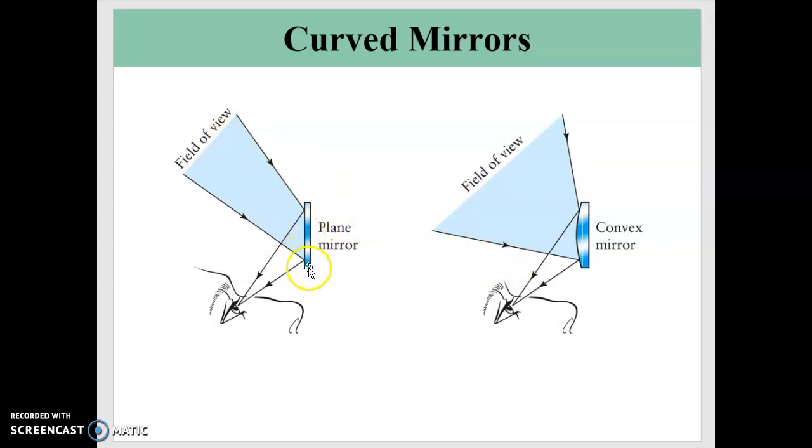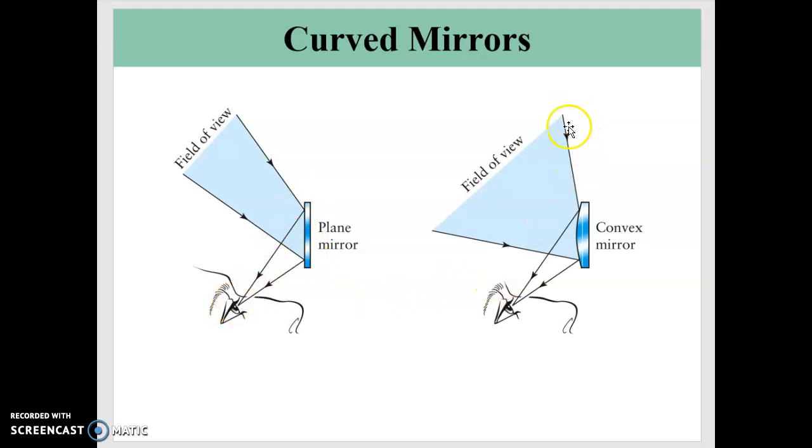So if I were to have a flat mirror, my field of view is going to be much more restricted based on the way that the rays can come in, hit off the flat surface, and then be reflected to my eyes to produce an image.